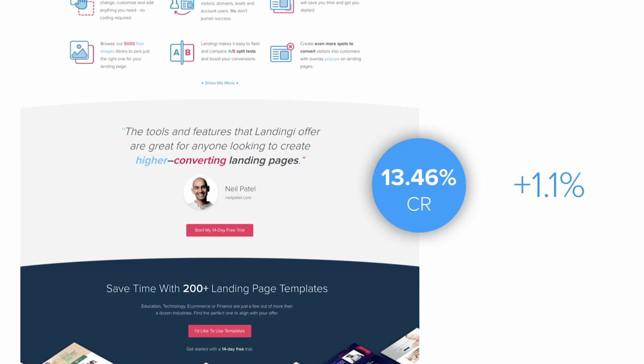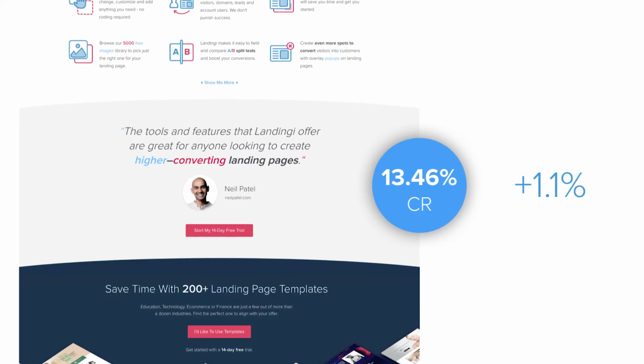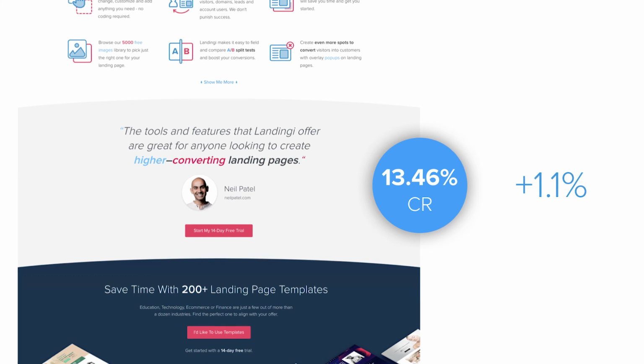The other thing we did was we were testing the landing page. So we didn't stop at just switching to the actual design. We tried different variations, and for example, we added this Neil Patel quote that clearly emphasizes what you can get from using our product.